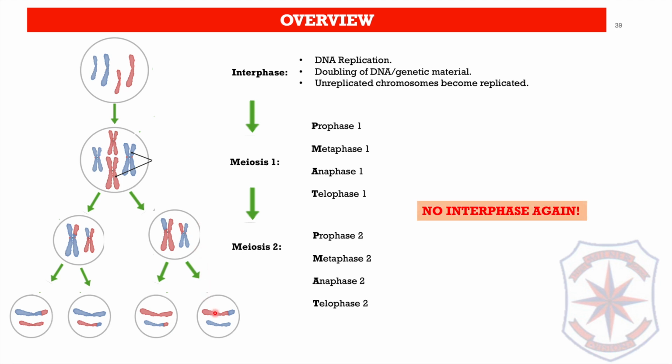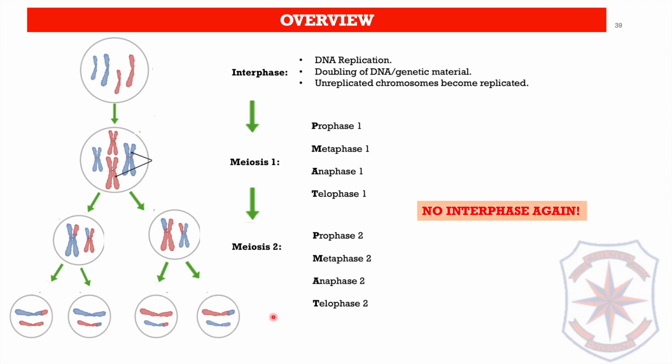In meiosis 2, we still have 2 chromosomes in each daughter cell, but the difference between the chromosomes in the daughter cells of meiosis 1 and the chromosomes in the daughter cells of meiosis 2 is that in meiosis 1, the chromosomes are replicated, 2 replicated chromosomes, but then at the end of meiosis 2, we still have 2 chromosomes, but these 2 chromosomes are unreplicated.